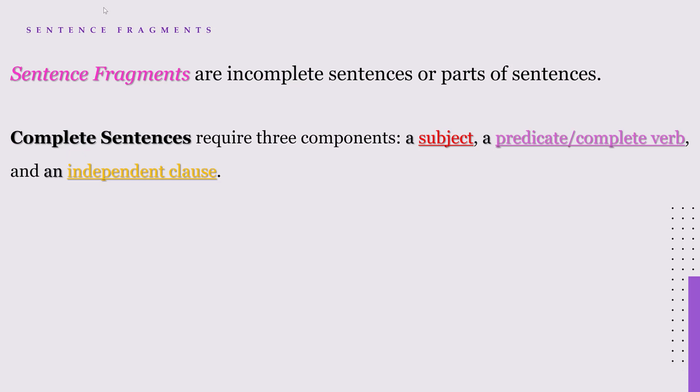A sentence fragment lacks one or more of these elements. As a result, it cannot stand alone or cannot express a complete thought. So make sure your sentences have all the necessary parts and convey a clear meaning. You can determine if your sentences are fragments using three questions.